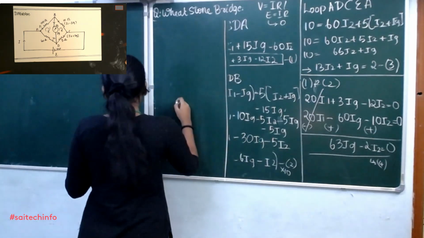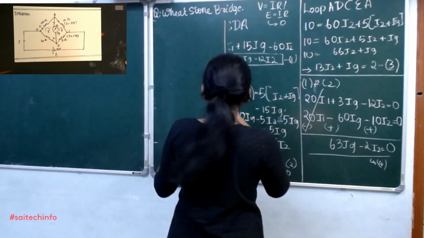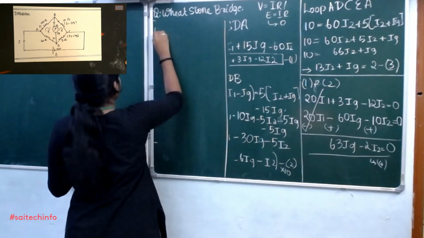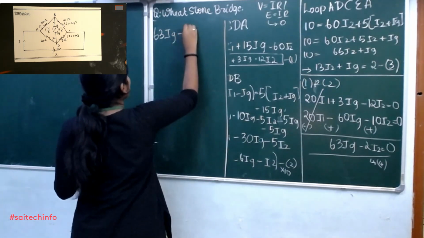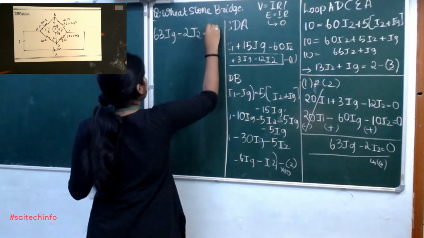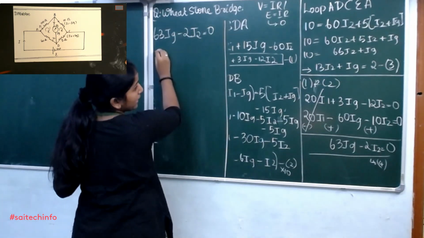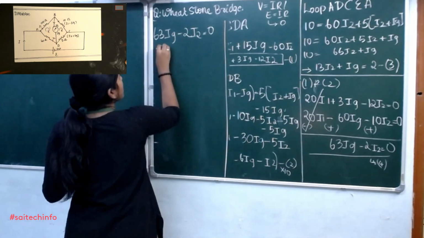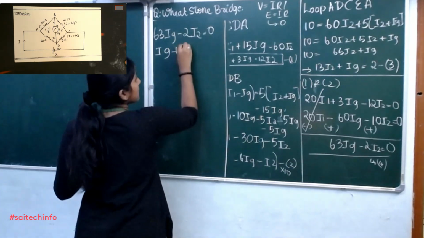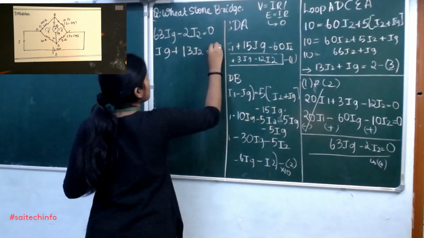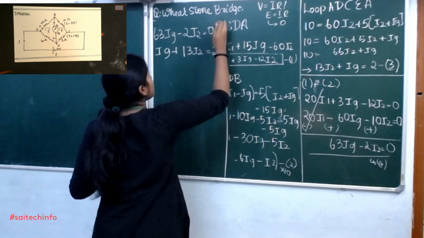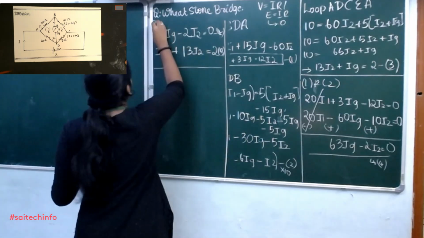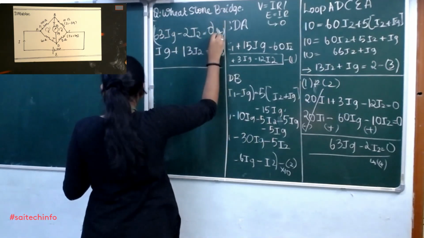And when we take the fourth equation, 63 IG minus 2 I2 is equal to 0, and the third equation, IG plus 13 I2 is equal to 2. This is the fourth equation and this is the third equation. Here we are multiplying the fourth equation by 13.